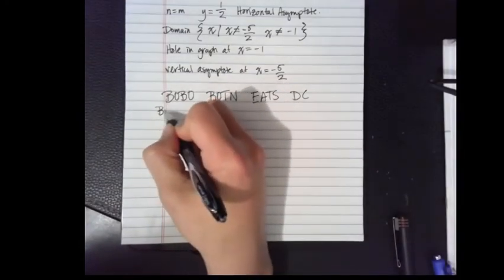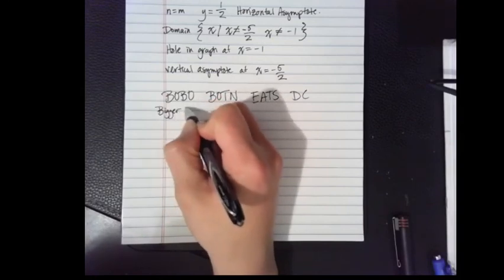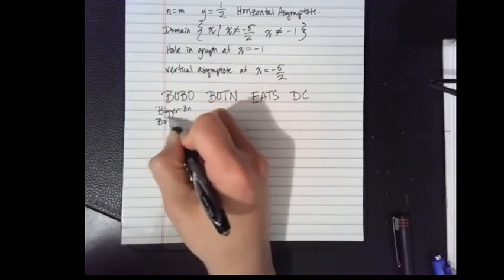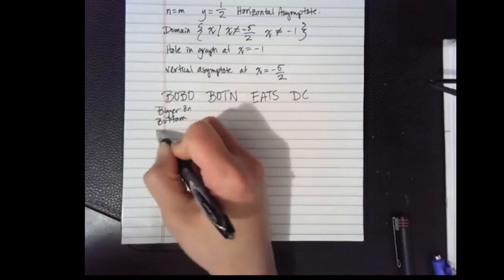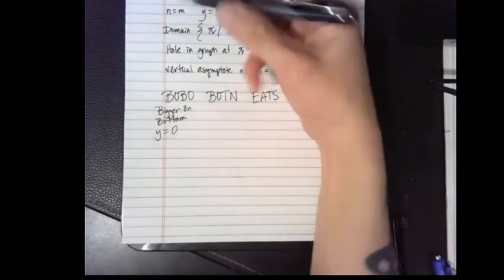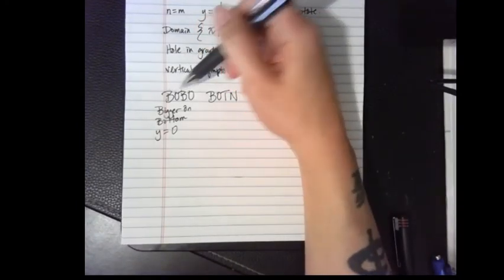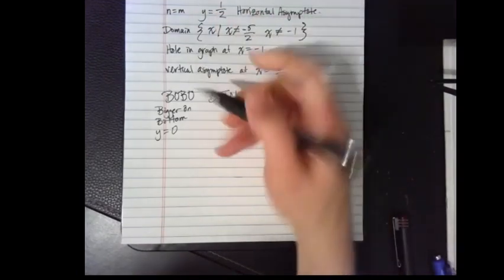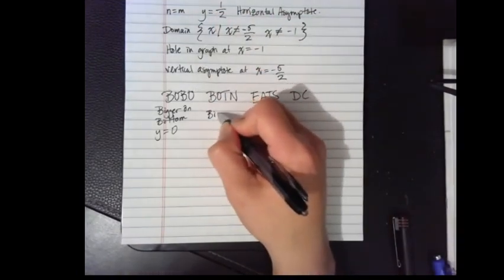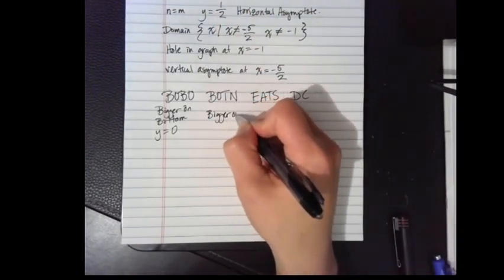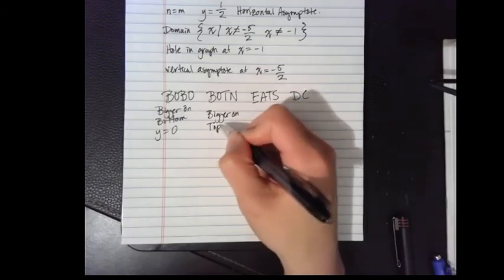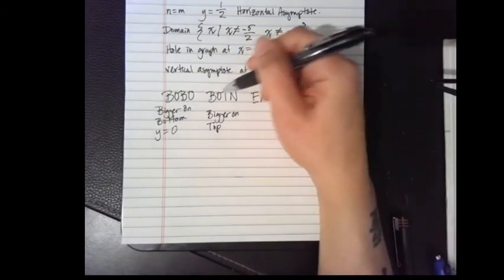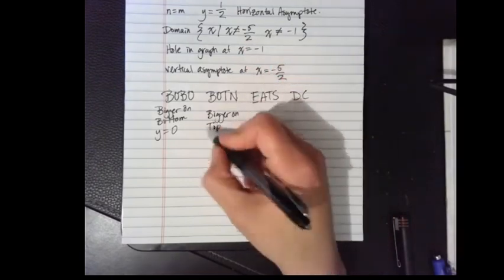So bigger on bottom, y equals 0. So bigger on bottom, 0 is your asymptote. Bigger on top, there is none.